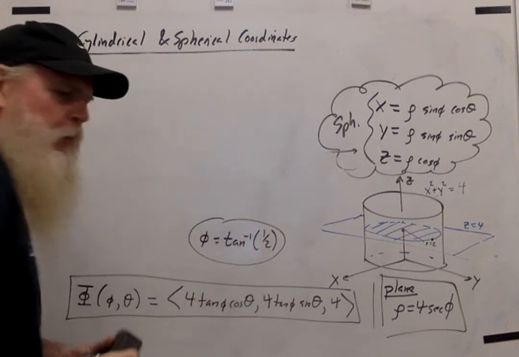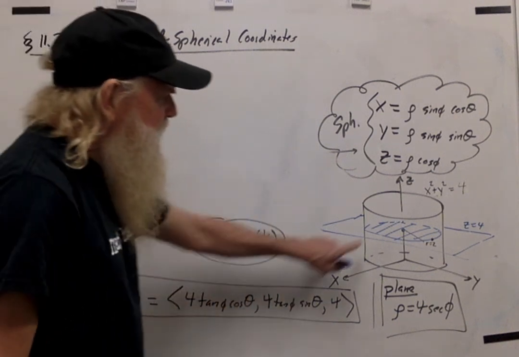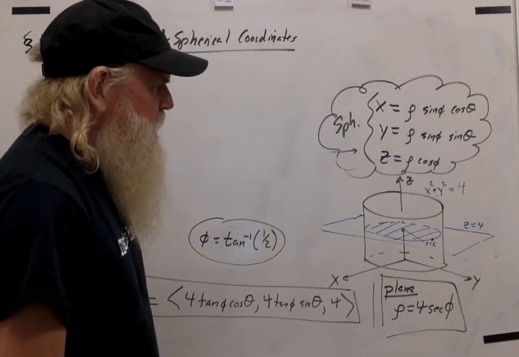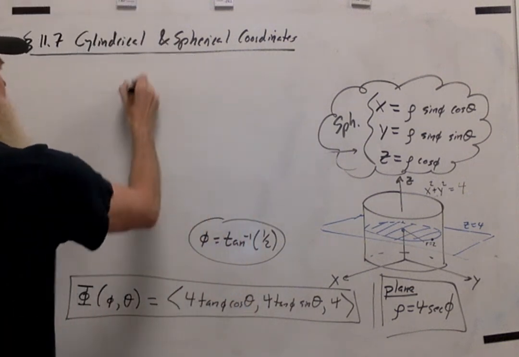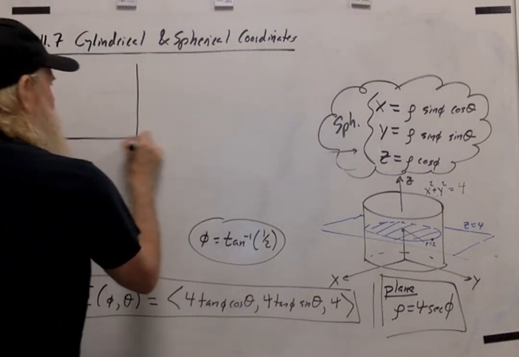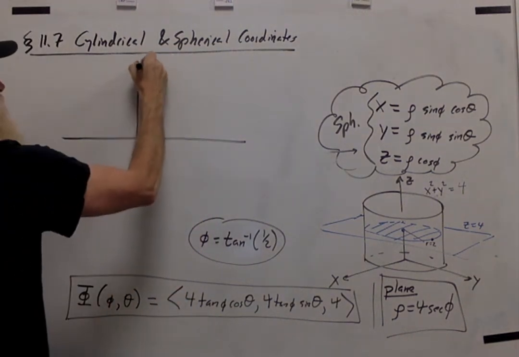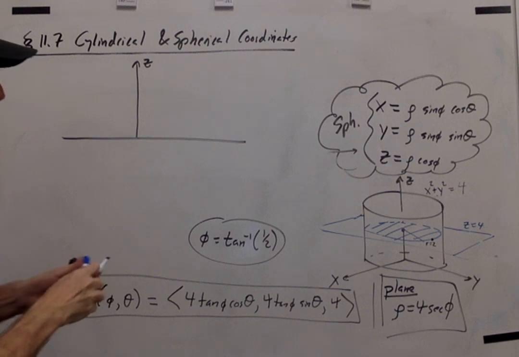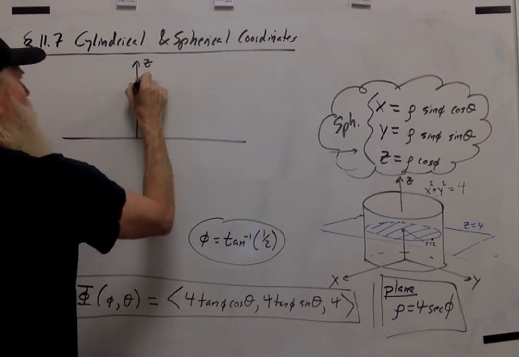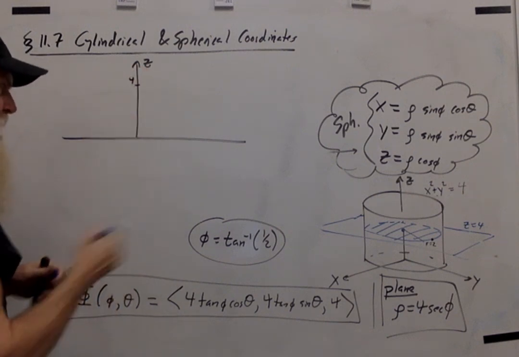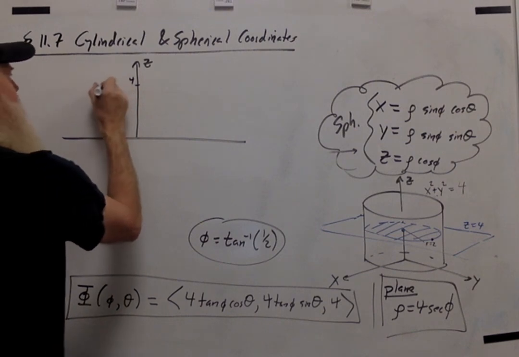So let me circle that for a moment. Let's take a side view of this disk. So this horizontal line represents the xy plane. This is the z-axis. And 4 units above the z-axis, here's that blue disk.